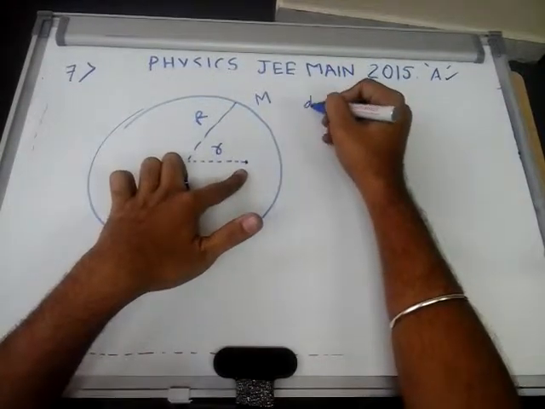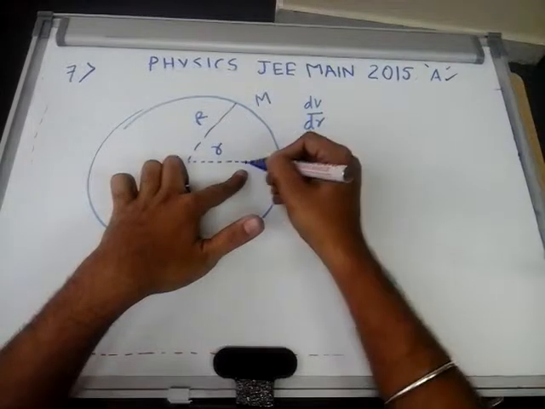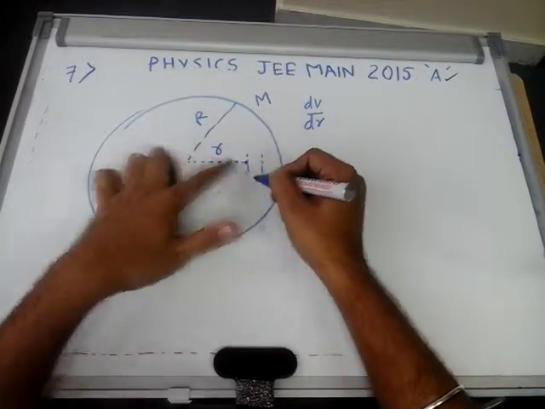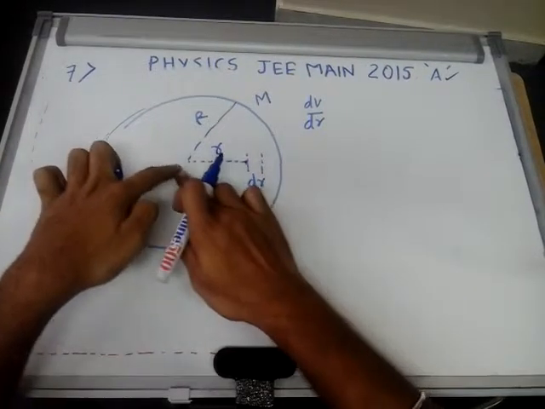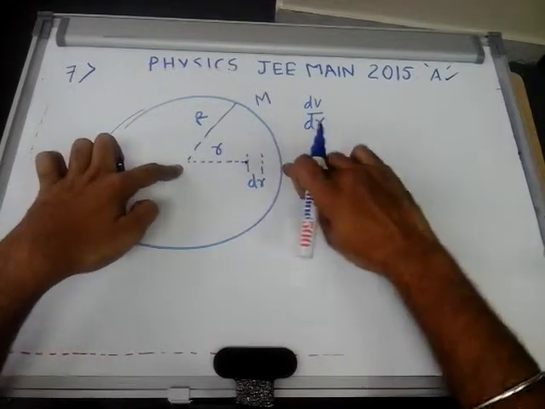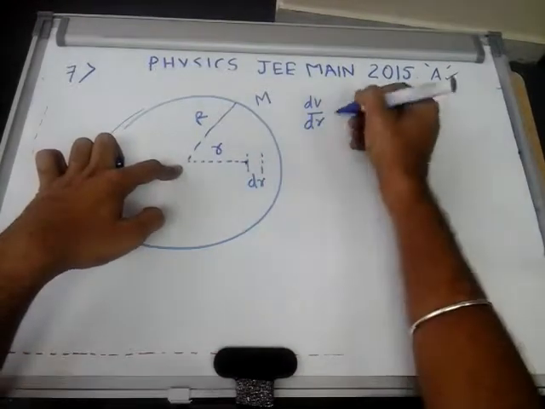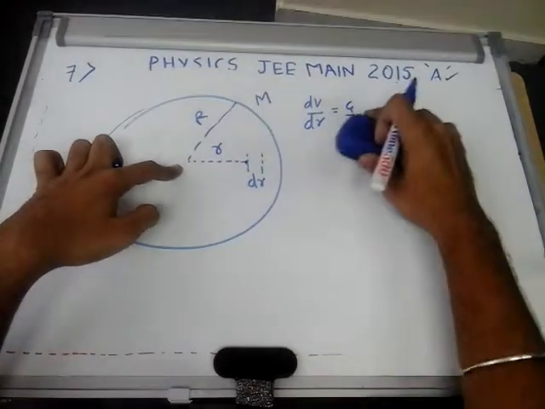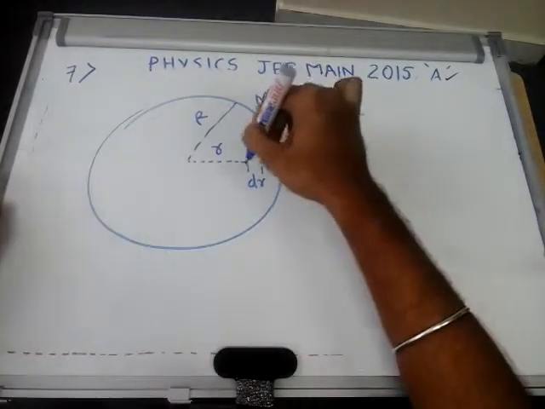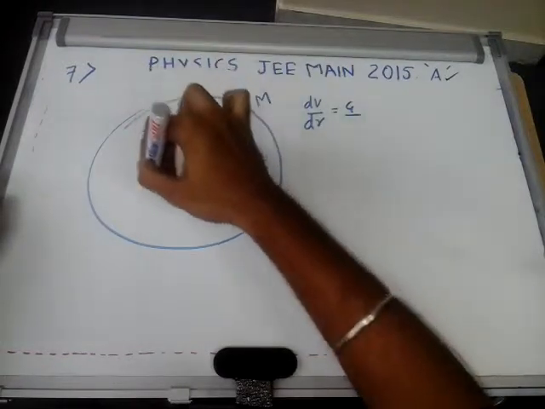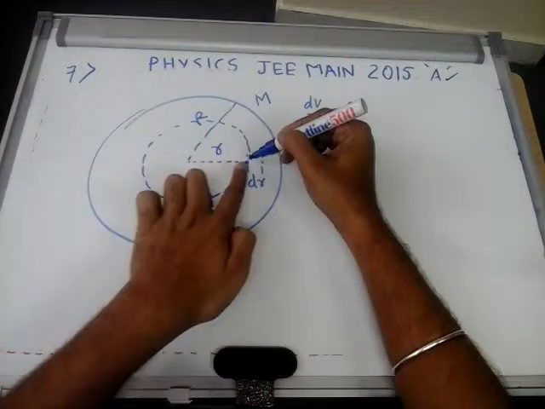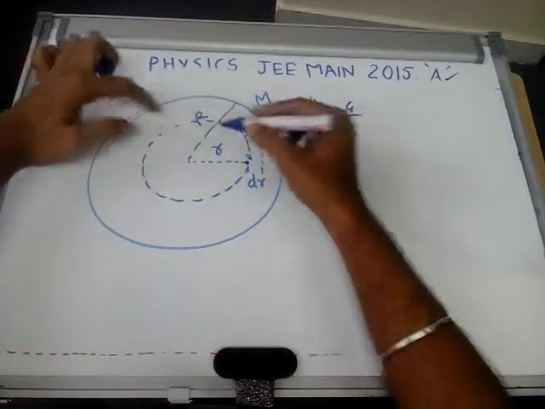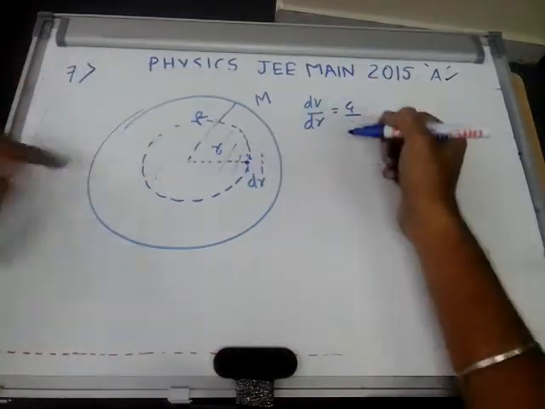So I will write dV by dr if I move a very small displacement dr away from the center towards the surface. So this should be equal to G by r square, radius of this sphere, because field here is only due to this portion of sphere.